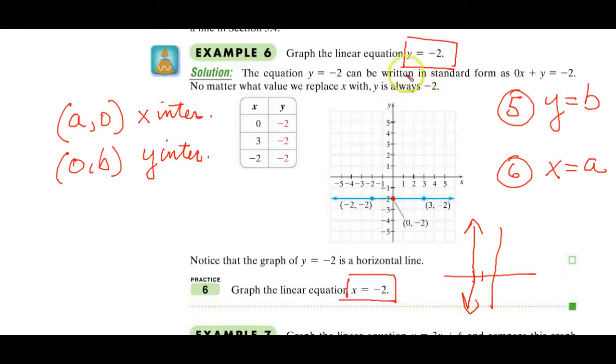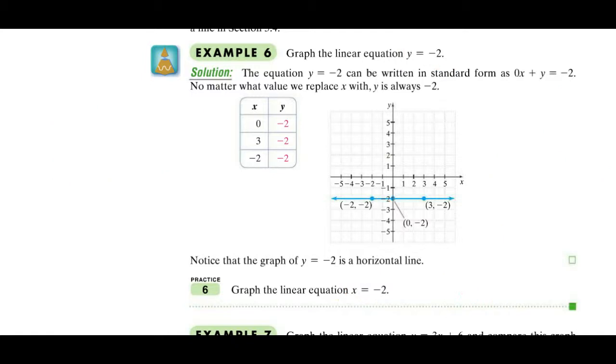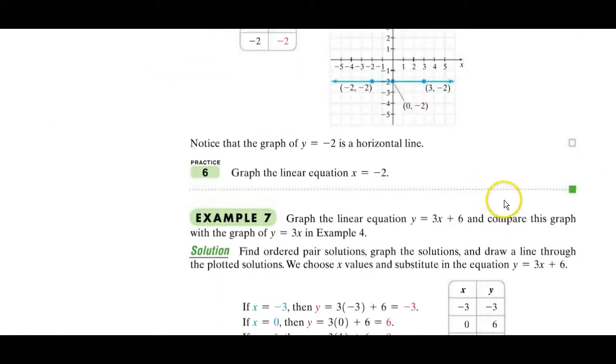Again, if you can memorize these things, put them on an index card, all these formulas that we have, and then just review them from time to time. Very, very useful for Chapter 3. Okay.